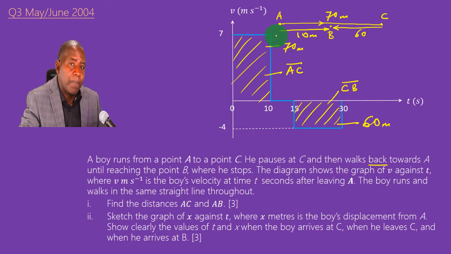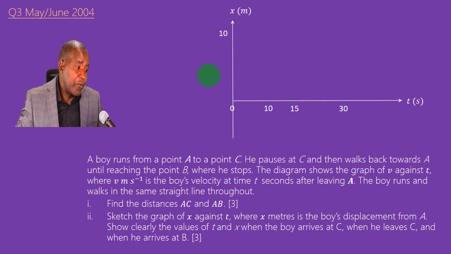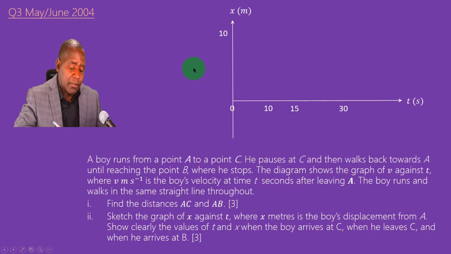So when we are asked to draw a graph, because that is what we are being asked, for uniform velocity, we must realize that that is a straight line. That is a straight line.